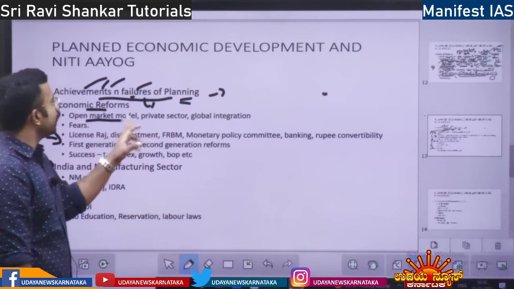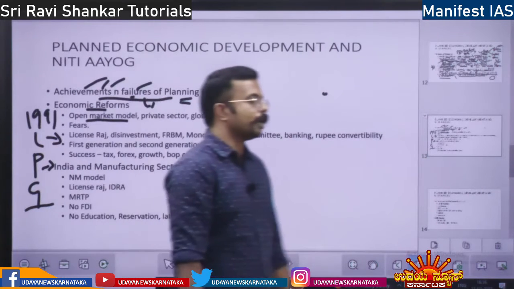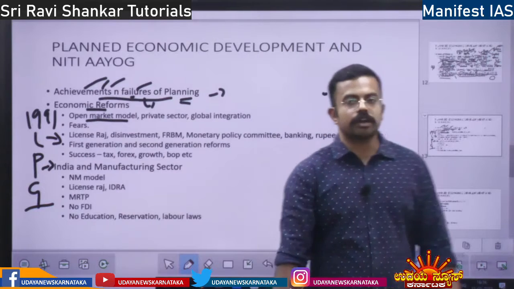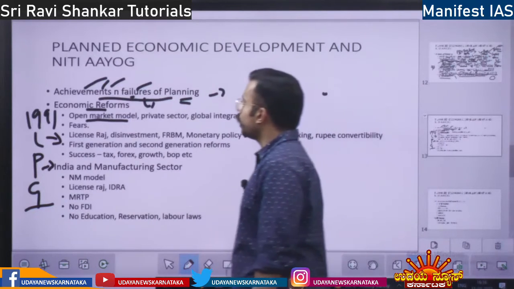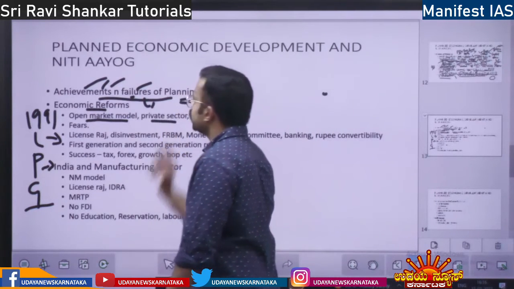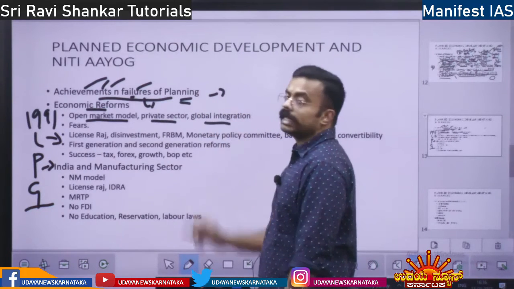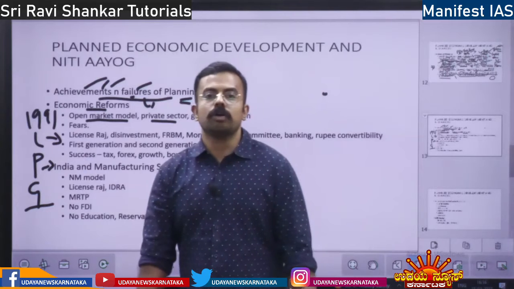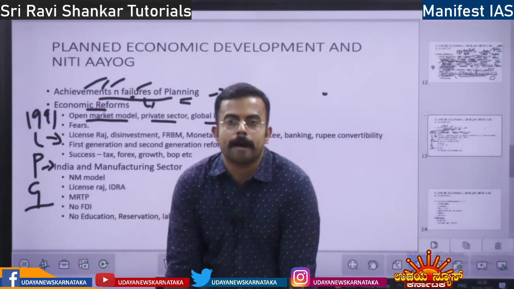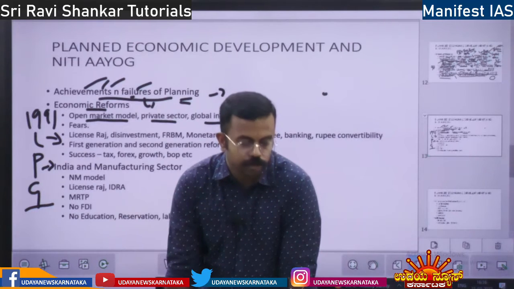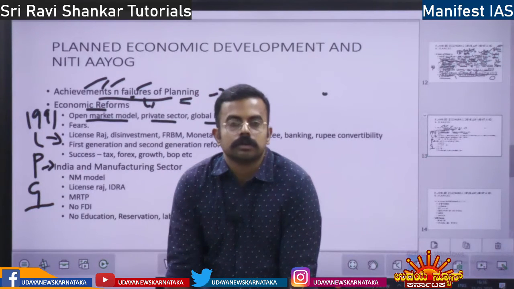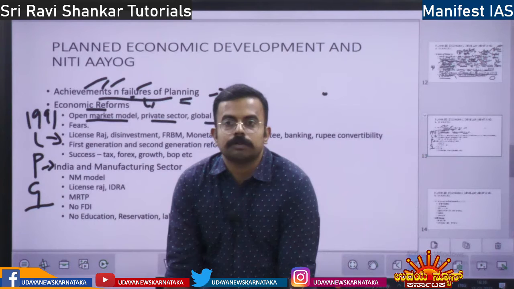So the open market model, I discussed already. The opposite of a closed economy is the open market model. The private sector was encouraged, already told you. Global integration, because global money used to come to India, and also global technology used to come to India.